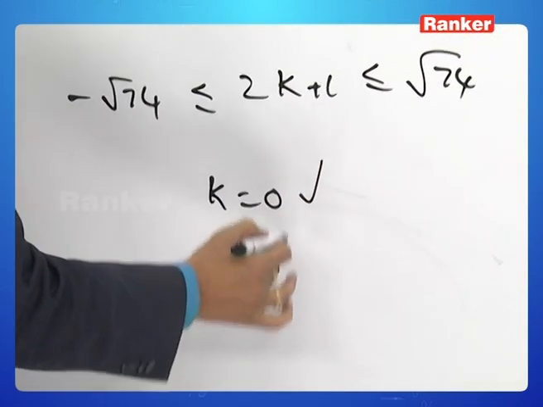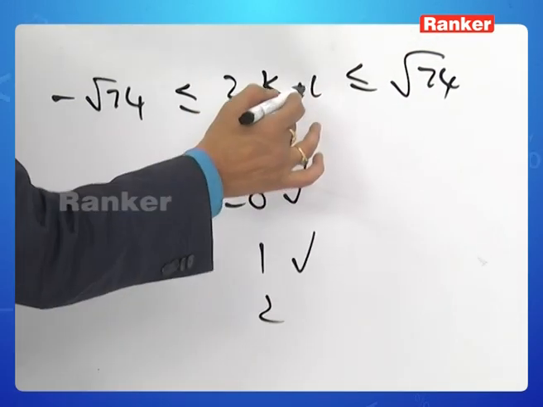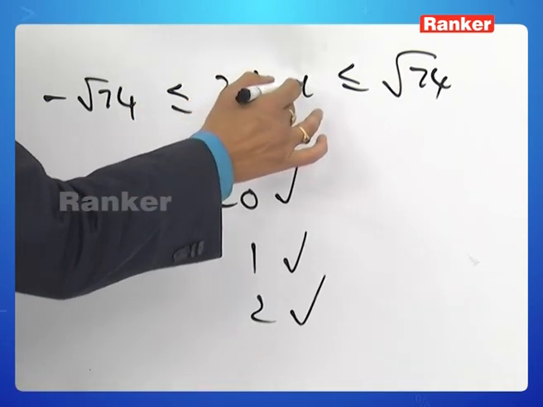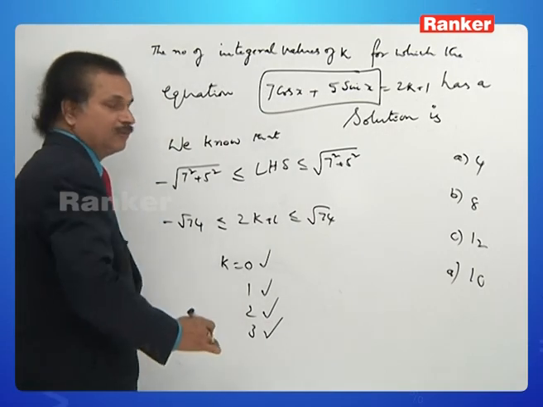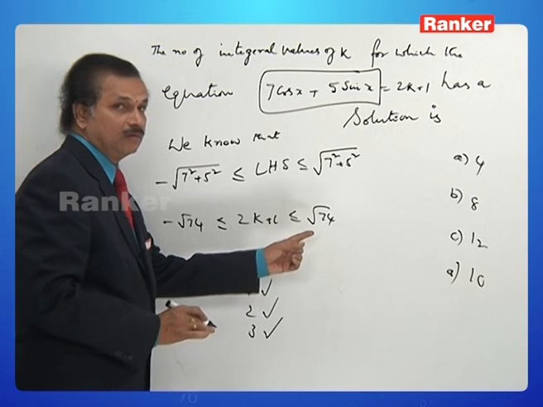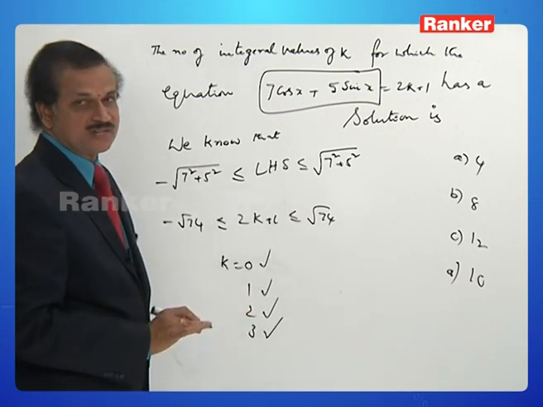Possible. 1. 2 ones are 2, 2 plus 1, 3. Possible. 2. 4 plus 1, 5. Possible. 3. 2 3s are 6, 6 plus 1, 7. Possible. 4. 2 4s are 8, 8 plus 1, 9. No. So k is equal to 4 is not possible.